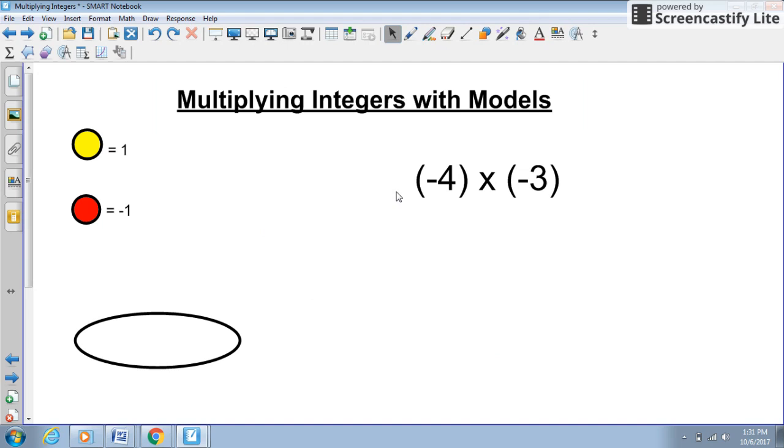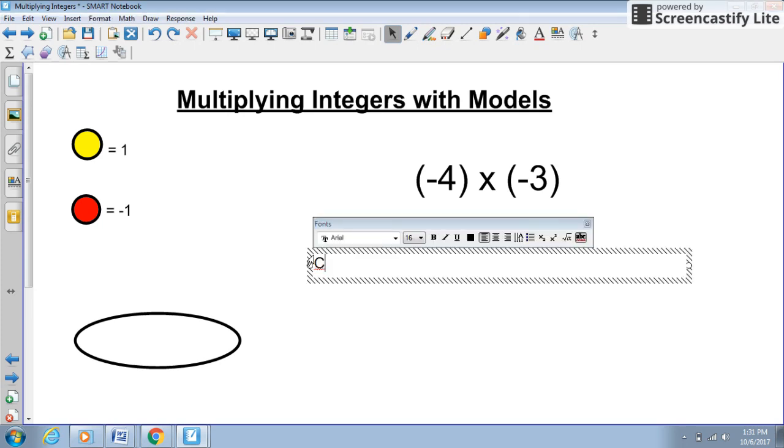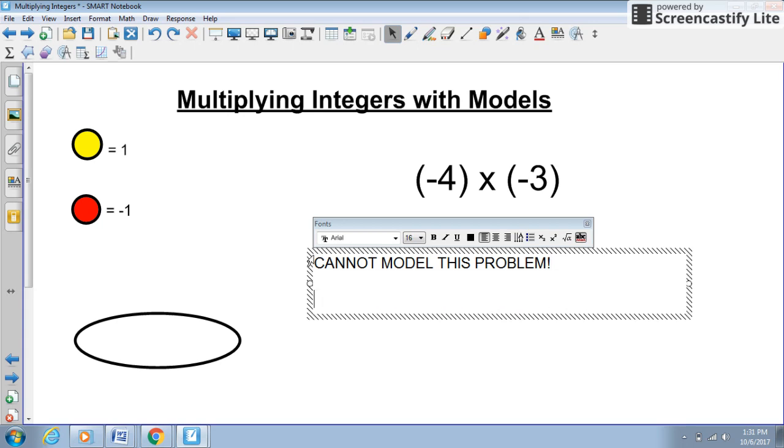In this instance, we have negative 4 times negative 3. I told you earlier that we cannot model a negative amount of groups. In this scenario, we have two negative numbers. Therefore, we cannot model this problem, because you can't have a negative number of groups.